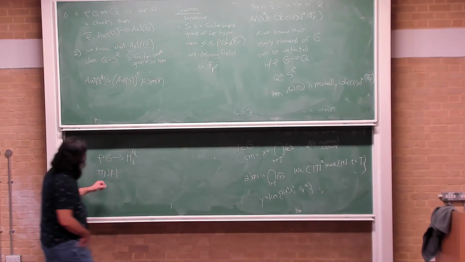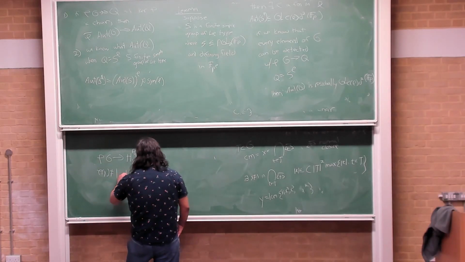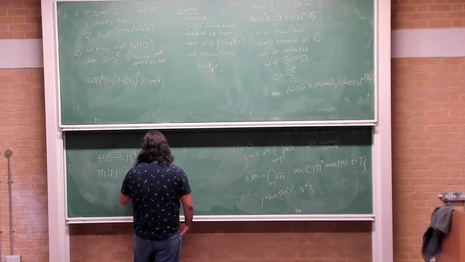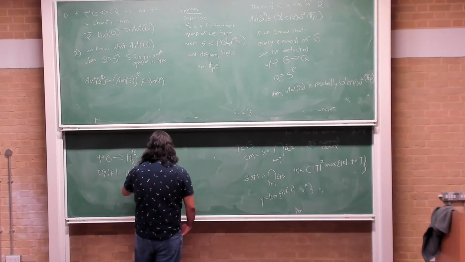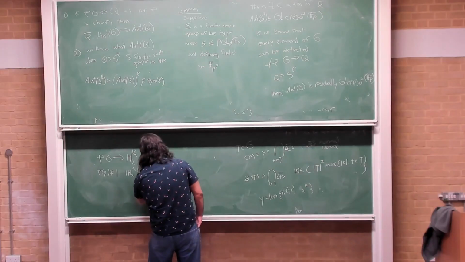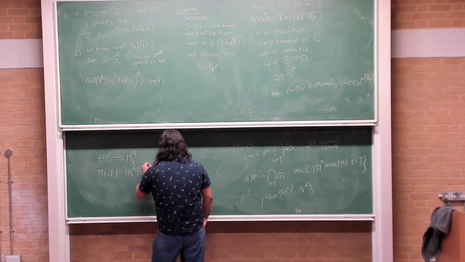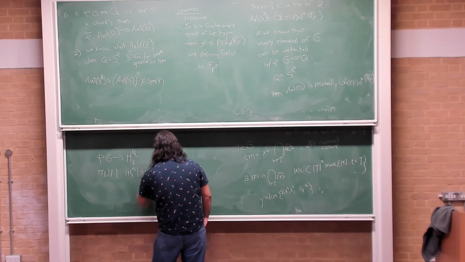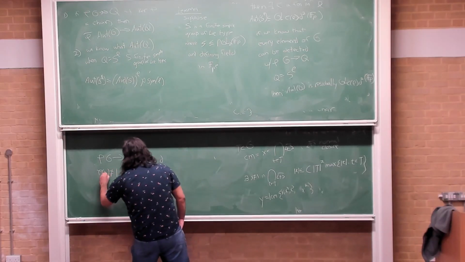Then the size of this can be chosen to be at most the word length of x to some power d, and we'll say this is y^k.